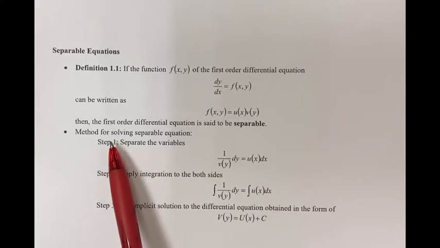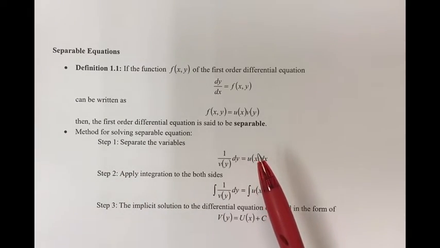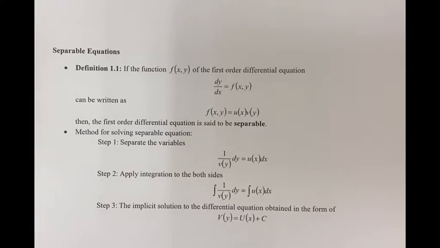Basically we have three steps to solve a separable equation. The first one is obviously you need to separate the variables. So spread the variable y to the left hand side and x to the right hand side, or vice versa.